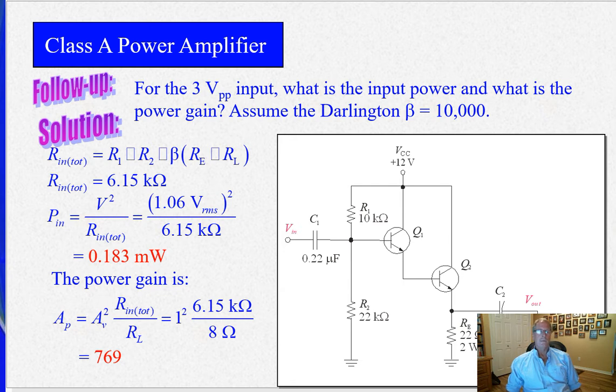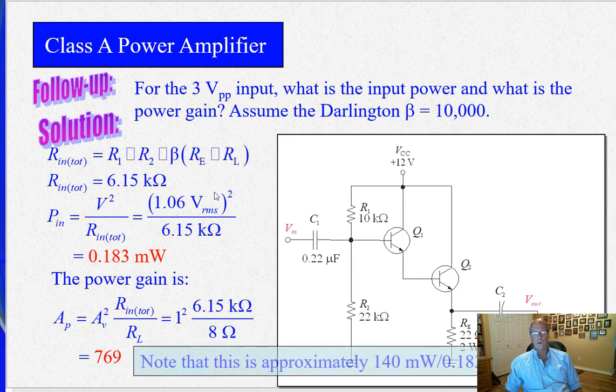With this formula, this is another formula you can put on your formula sheet. The power gain is the voltage gain squared times the input resistance divided by the load resistance. So they do this calculation here and get 769. And again, that's very close to the 140 milliwatts, which we got last time, divided by 0.183 milliwatts, and that's the power gain when you do that calculation.